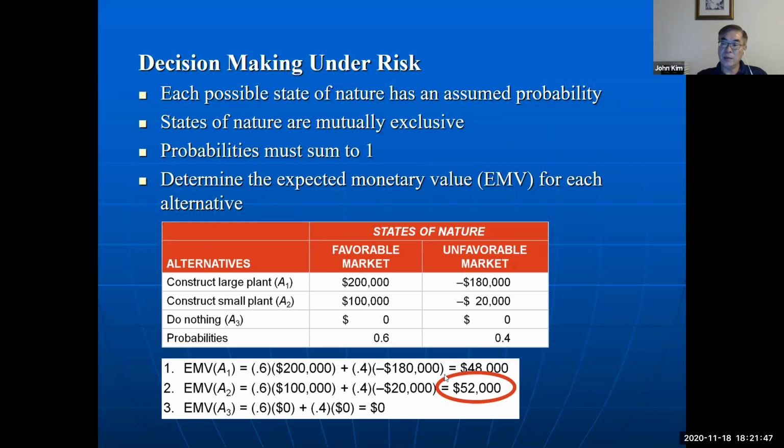For the first option, 200,000 with 60% chance, plus the unfavorable result with 40% chance. Among the expected values, take the maximum. If we use this expected monetary value method, then the final decision is the second option.